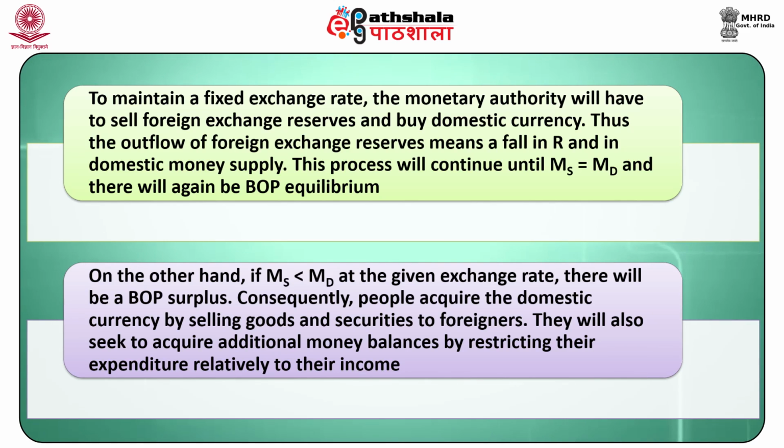On the other hand, if MS is less than MD at the given exchange rate, there will be a BOP surplus. Consequently, people acquire the domestic currency by selling goods and securities to foreigners. They will also seek to acquire additional money balances by restricting their expenditure relative to their income.